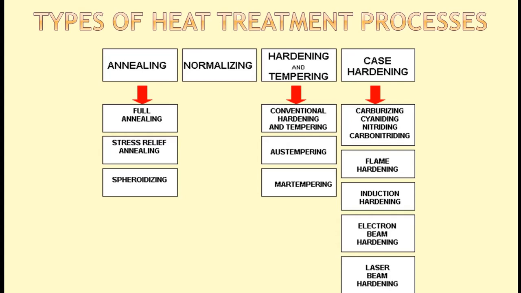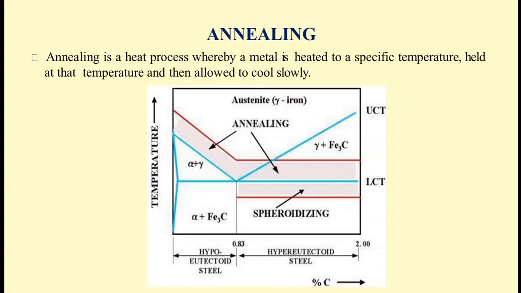For the case hardening process, carburizing, cyaniding, nitriding, carbonitriding are one category of operation. Then come the flame hardening process, induction hardening process, EBM or electron beam hardening process, and laser beam hardening process. These are the major important operations.